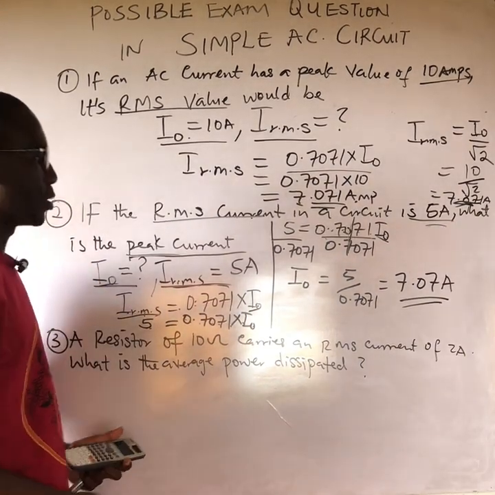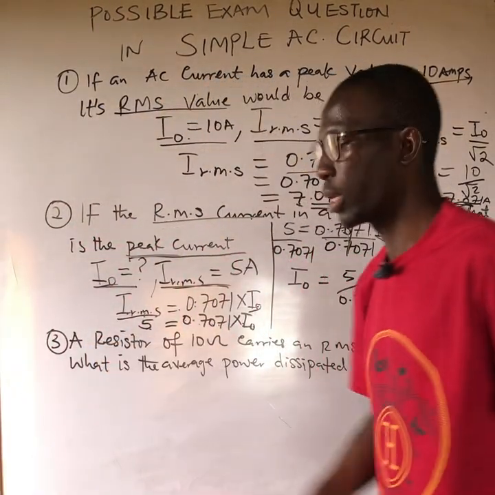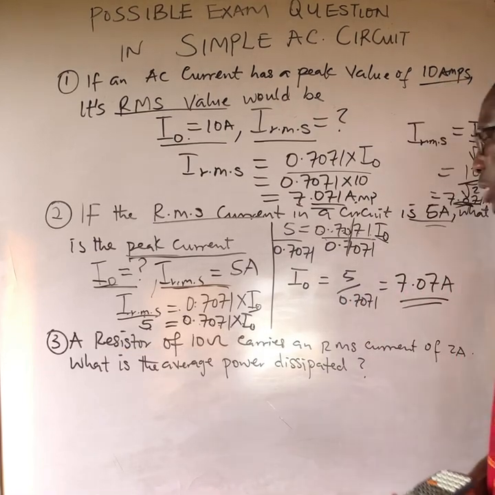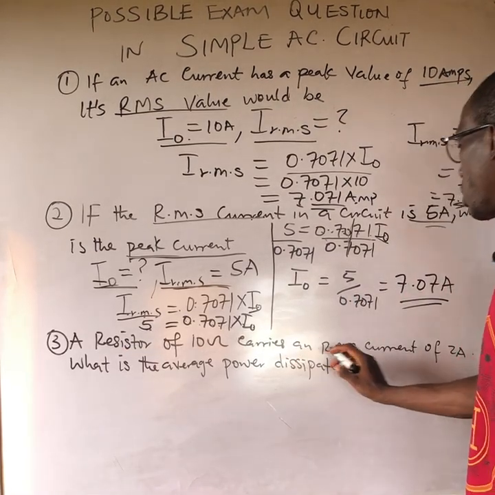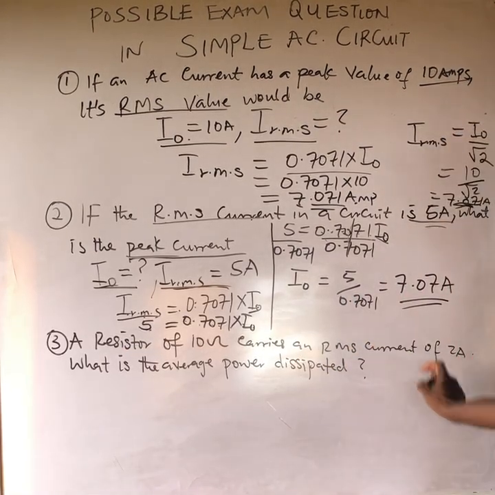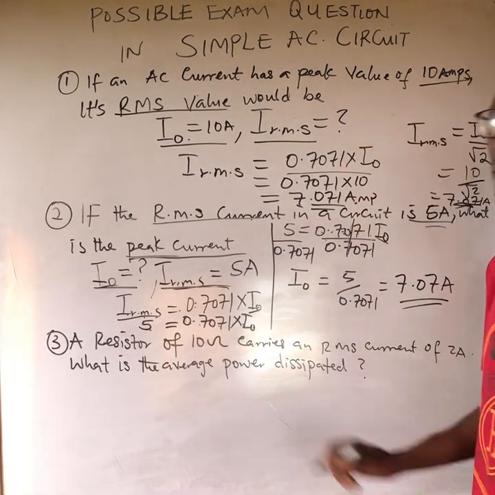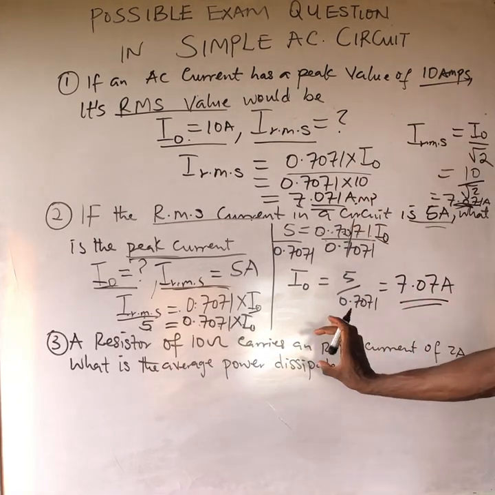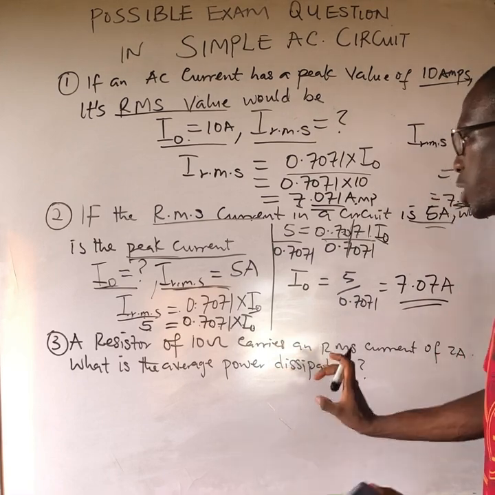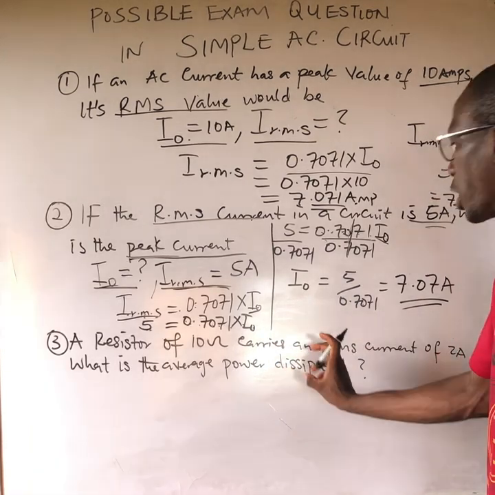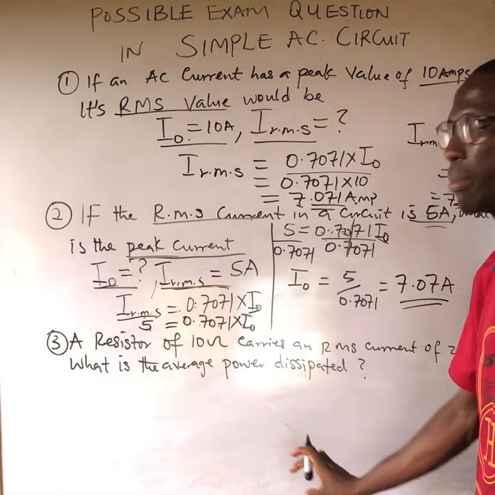Now let's look at number 3. A resistor of 10 ohm carries a root mean square current of 2 amp. What is the average power dissipated? For me to be able to solve this problem, just understand that there is a connection. First of all, you have to write down the parameters given.